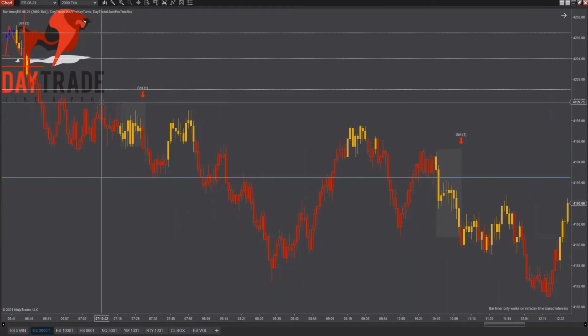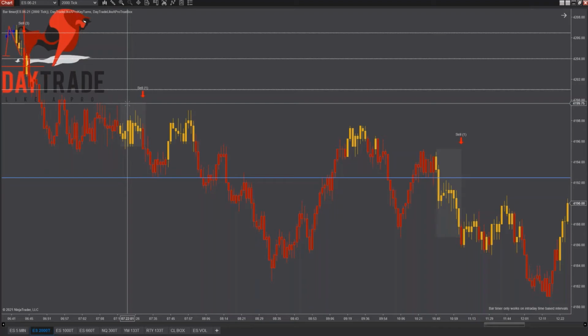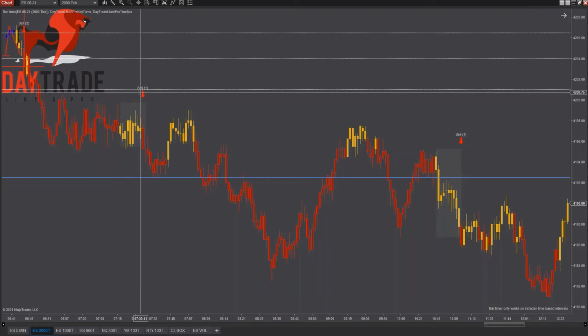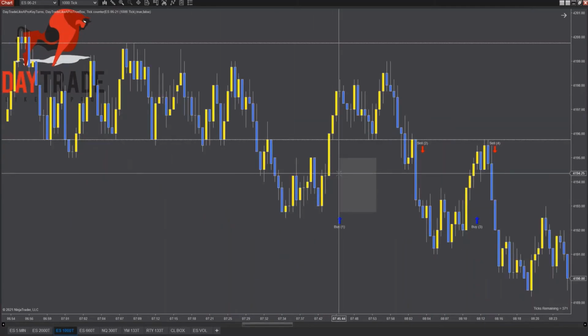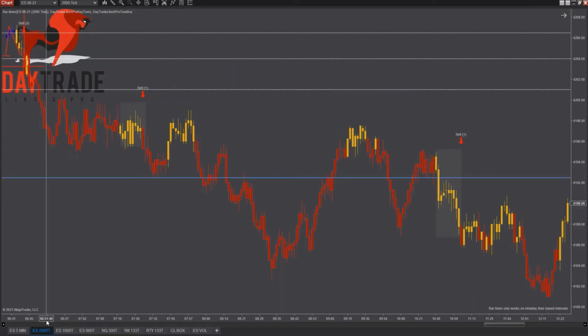So right here we have this box. This one starts at 718. And if you come over here, that's at 745. So on the 2000 tick chart, we already have this box over here at 718.